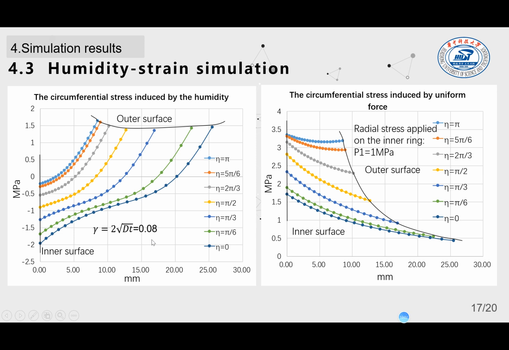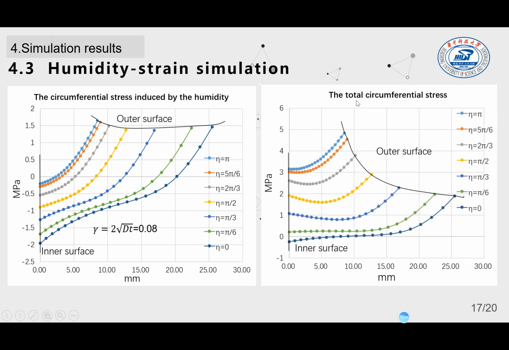It can be seen that the circumferential stress induced by the linear humidity gradient does not have much difference on the outer surface. Add these results to the former results, the stress induced by the radial stress applied on the inner ring, then we can get the final result, the total circumferential stress.